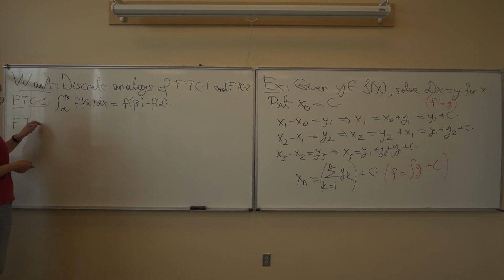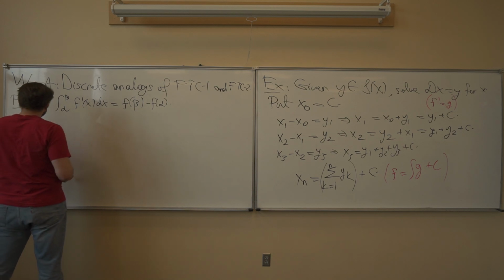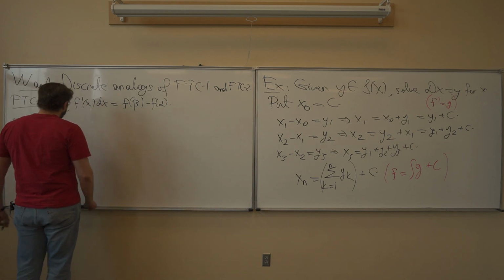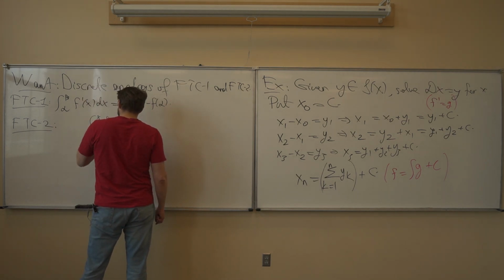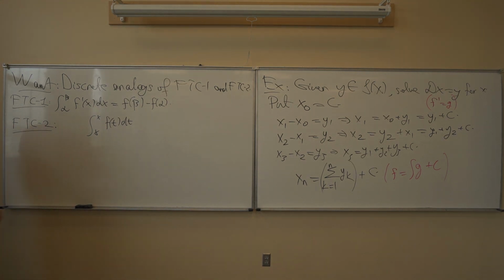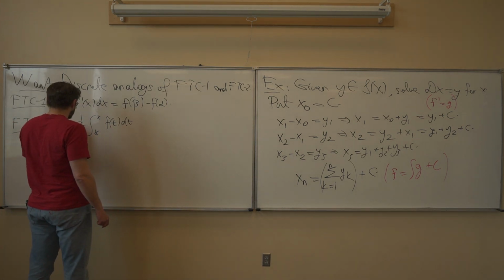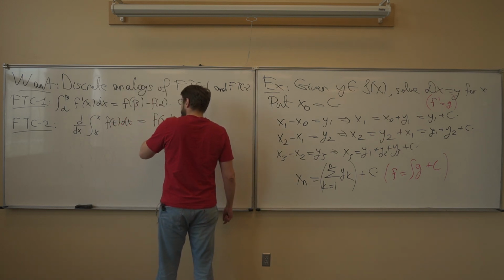And fundamental theorem of calculus 2 says, again, the bare bones, it says the following. If I look at this guy and then differentiate it, I get back the integrand.